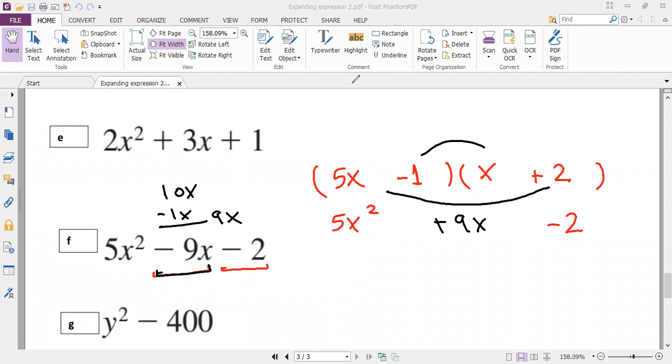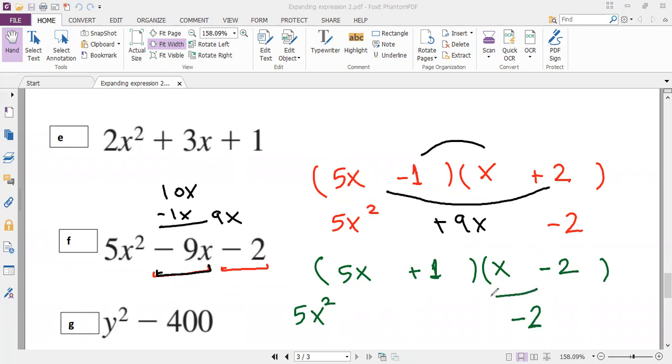So we can try 5x times x, but just change the sign of negative 2. And let's try it. If we multiply the first by the first, it's 5x squared. If we multiply the second by the second, it's negative 2. So I'm right till now.